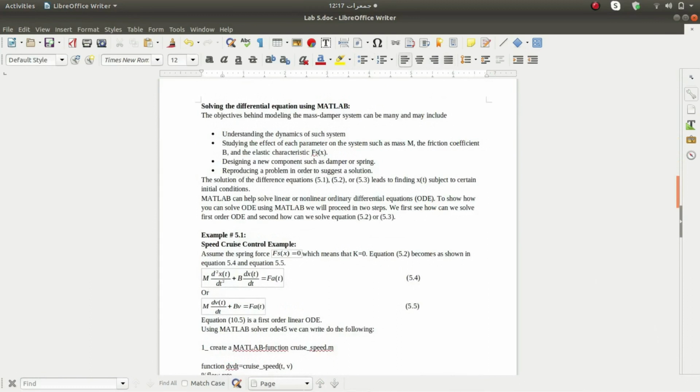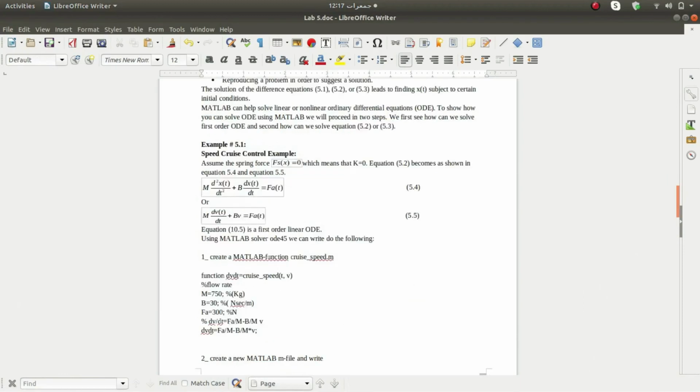So by substituting F of S equals 0, we are left with two quantities: the MA force and the frictional force, which equal the total applied force. Now we are going to solve this equation by using MATLAB code.